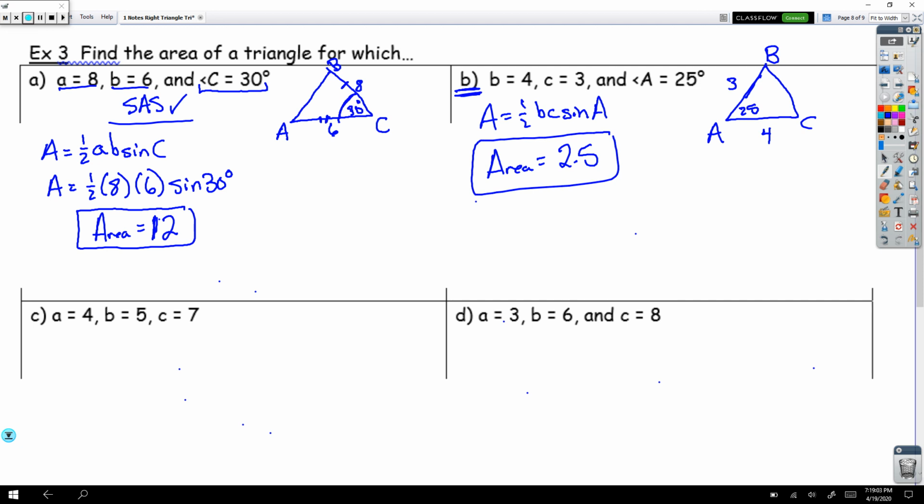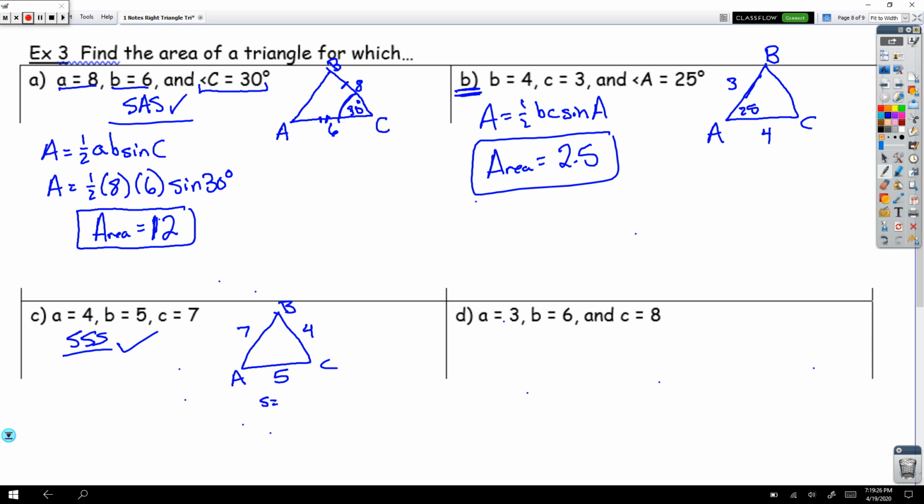Alright, let's look at an SSS triangle. So, set up the triangle. A, B, C. I don't know any of the angle measures, but I know that side A is 4, B is 5, and C is 7. So in order to find the area of an SSS triangle, we first want to find what S equals.